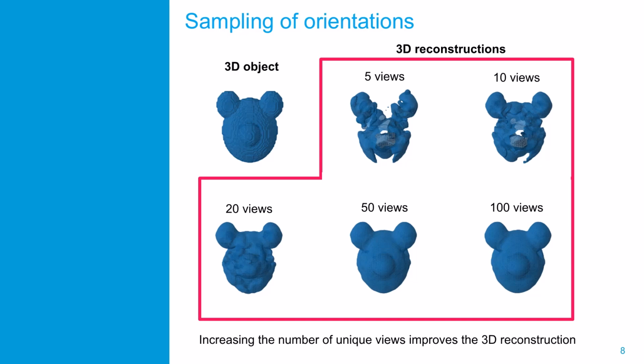With 20 views, we can already start to recognize the actual object. And with 50 or 100 views, we are getting very close in reconstruction quality to the original 3D object. So that shows you that increasing the number of unique views improves the 3D reconstruction. And in our cryo-EM experiment, the same holds. The more different views of the molecules that we are trying to image we can obtain in our cryo-EM micrographs, the better our 3D reconstruction will be.